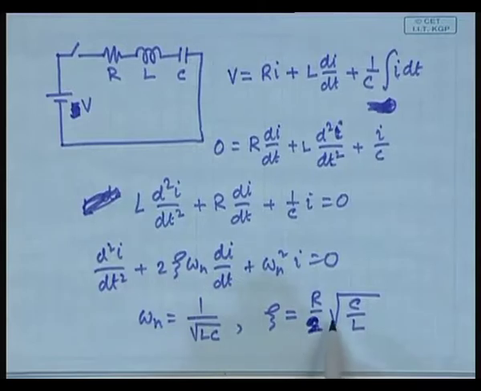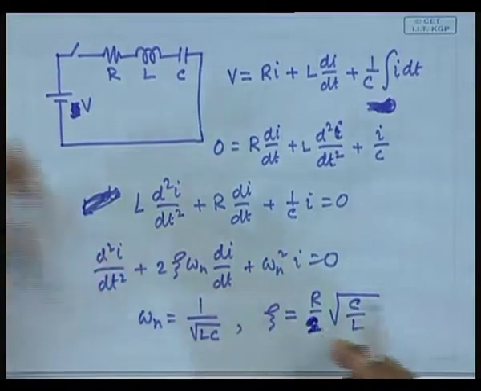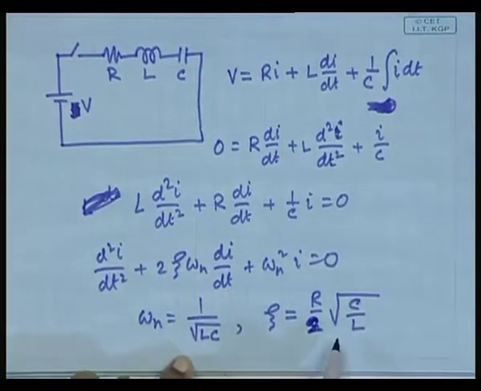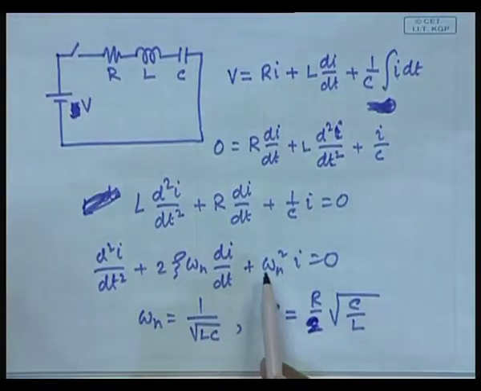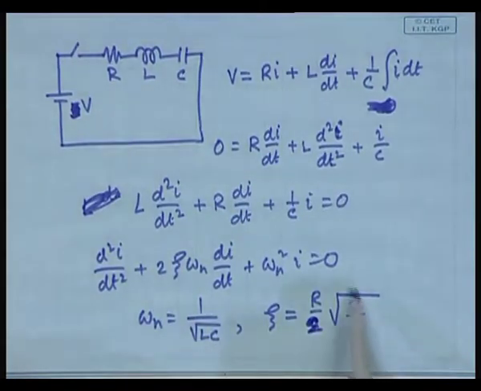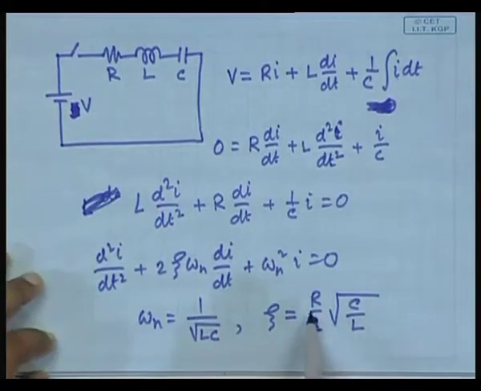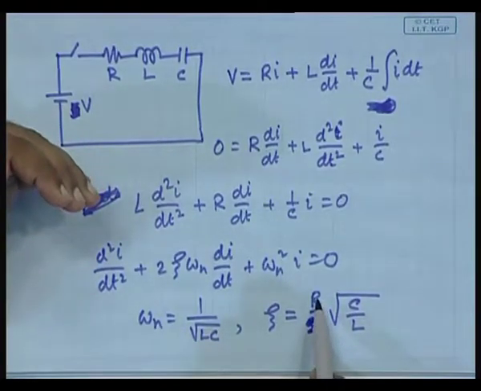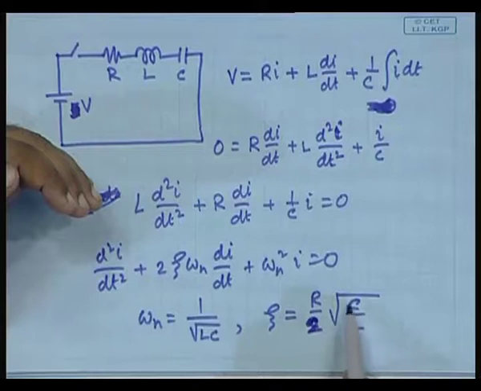So, this is how we are obtaining this, and then we do not really need to solve it, because we already know the solution. We simply decide in terms of these values, and you can easily see that the natural frequency of oscillation in the absence of zeta will depend on root over L C, and the zeta will be dependent on R, L and C, all of them, but you can see that zeta will increase for increasing R and increasing C by L ratio.